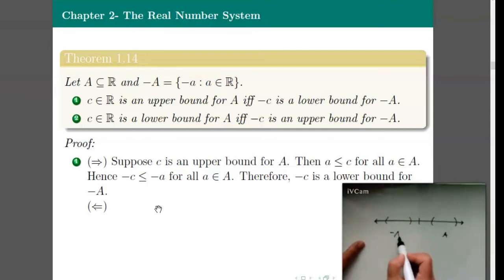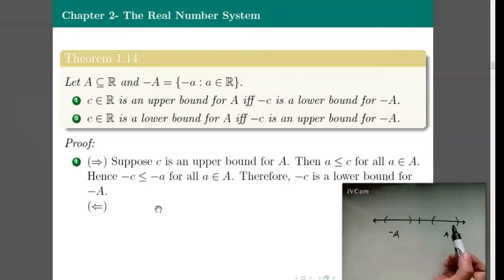If C is an upper bound for A, which is our necessary condition, say we have C here, which is an upper bound for A. Of course, negative C is somewhere here. So as you can see, negative C is the lower bound for negative A.